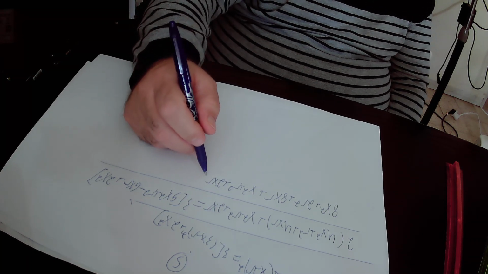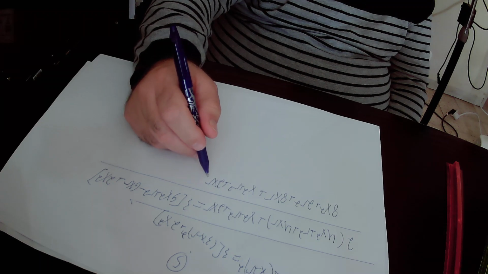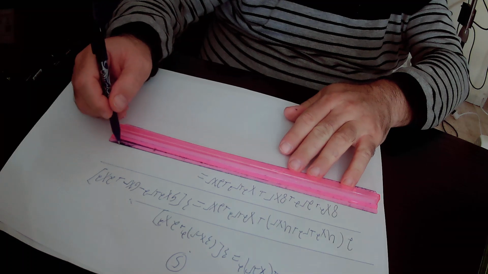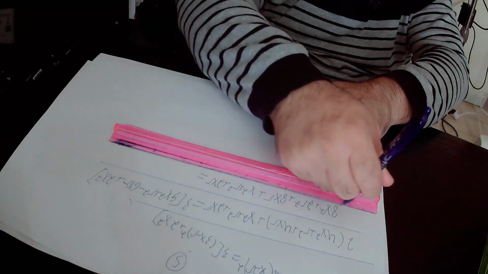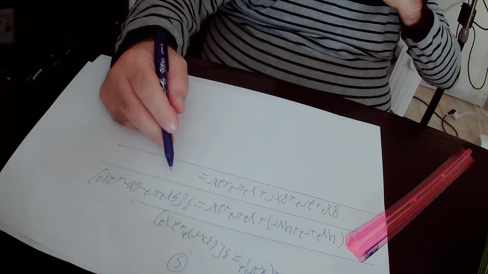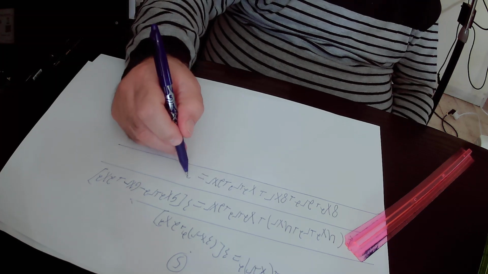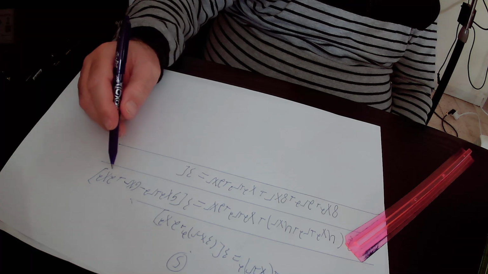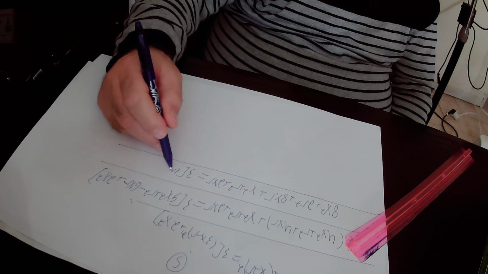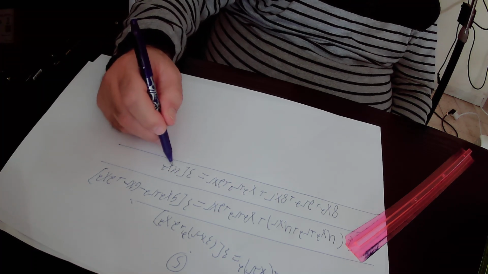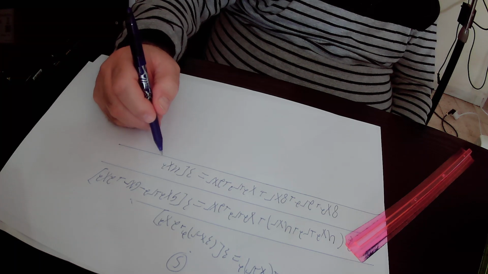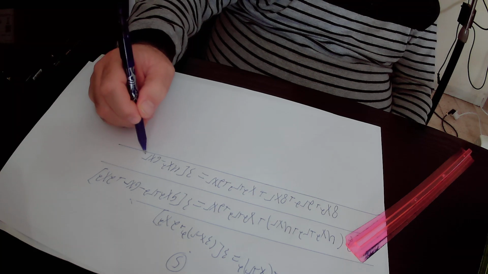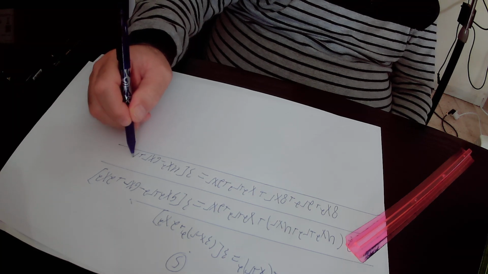And in the other side of the equation we have, it is equal to 3, and inside the brackets we have 9x squared plus 2x squared is 11x squared minus 6xr plus r squared.